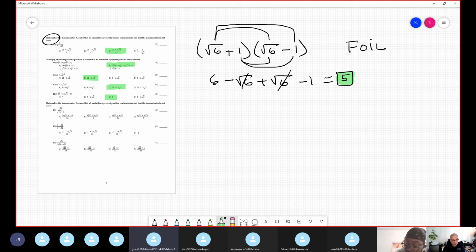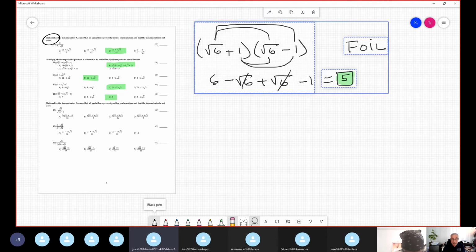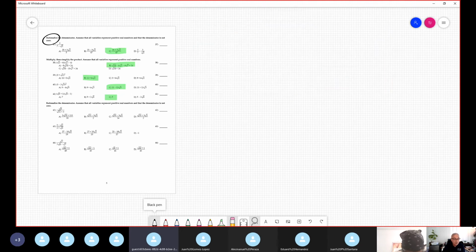In the rest of the time that we have, let's practice rationalization binomial. Okay, so we have expression and we do something in order to eliminate the radical and the denominator. But when you have binomial, it's a little bit more complicated.